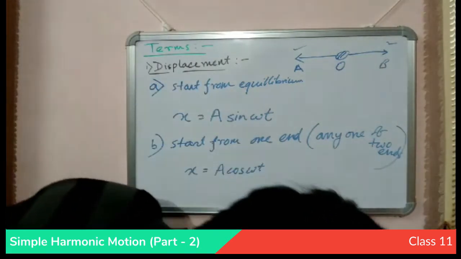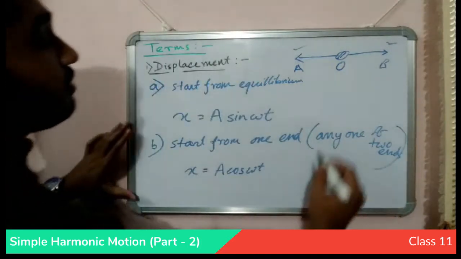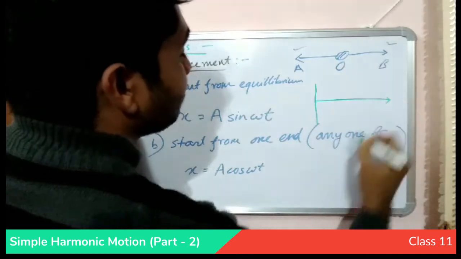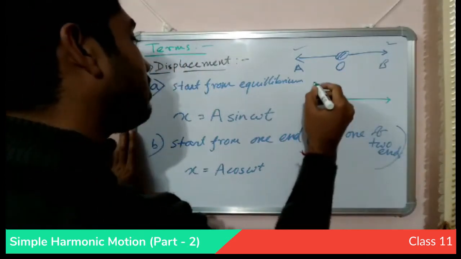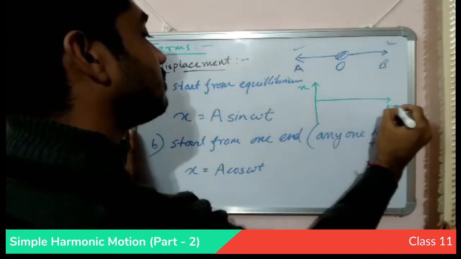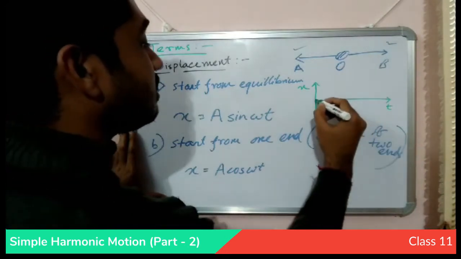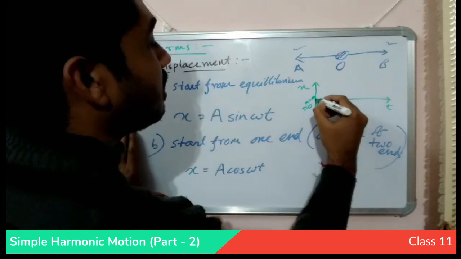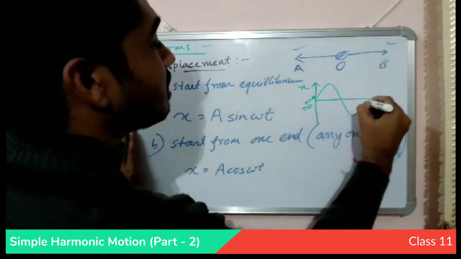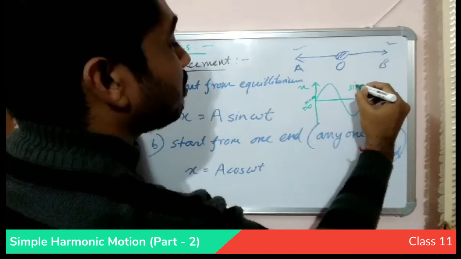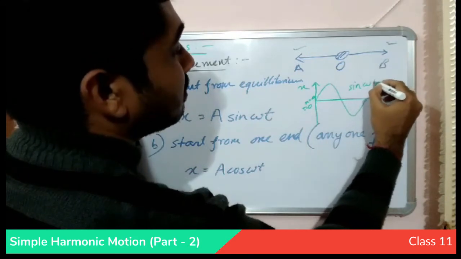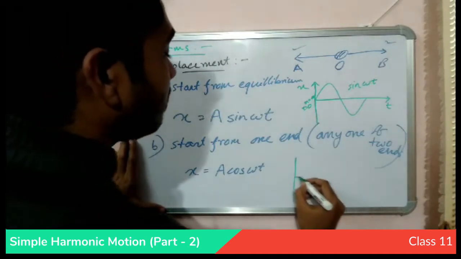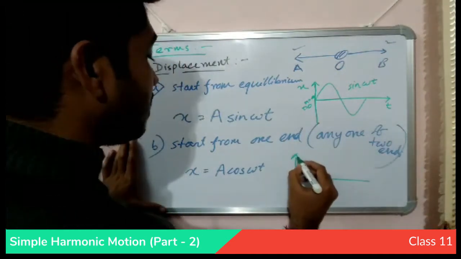And I am giving a graph of this. This is the x-t diagram of SHM, and for sine, at t is equal to 0, x is equal to 0, and it will be like this. This is the sine curve. This is x and this is t.